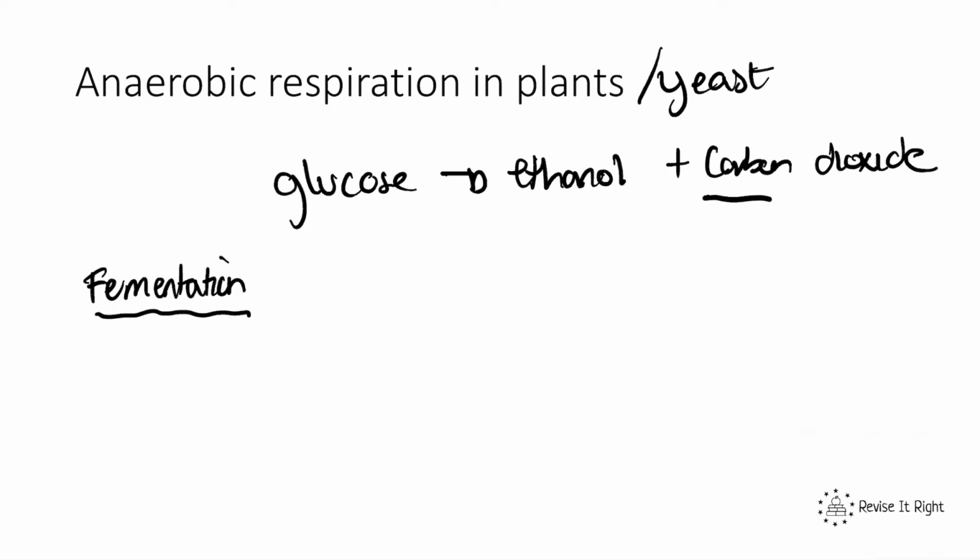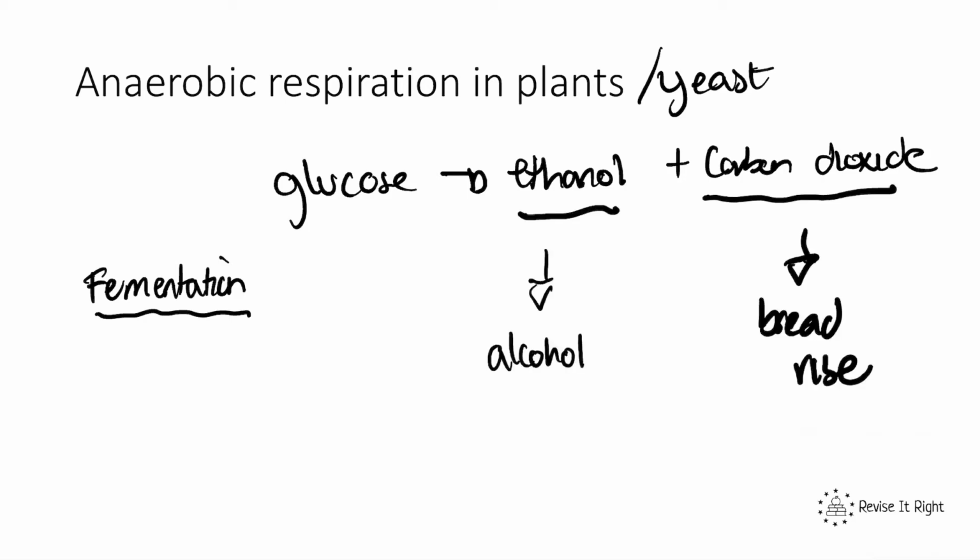Whereas in beer and wine making, we use ethanol to make alcohol. So these are very important, and we use them in our lives to our advantage. This reaction is called fermentation, and it's the breaking down of glucose to form ethanol plus carbon dioxide. The carbon dioxide is used to make bread rise, and the ethanol is used to make alcohol.